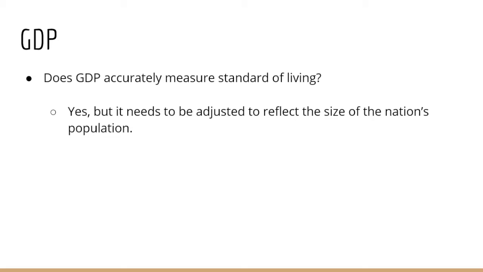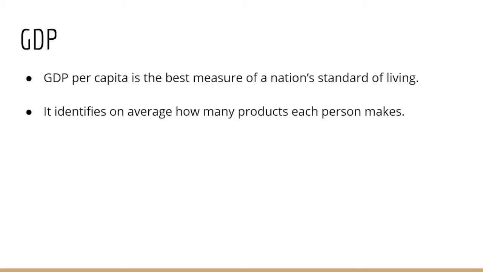Because if you just look at the United States GDP and compare it to South Korea's GDP, those are two very different countries in terms of population, right? And so to accurately measure standard of living, we're going to look at something called GDP per capita.